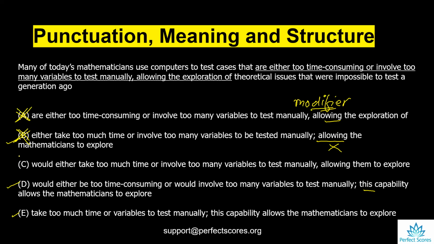Out of C, D, and E, anything that you find wrong? Would C be like "allowing them to explore"? "Them" seems fine. What do you think about this? Is it really clear what is the noun that this is referring to?